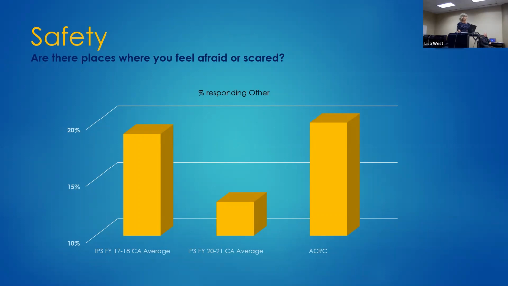The category where people expressed they felt afraid or scared was other. So we don't really know what that is. It would be interesting to dive into that a little bit more, but also recognize that we're all fearful sometimes in some settings. So I think we'd like to examine that more deeply.